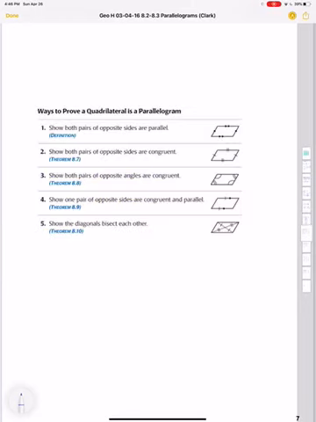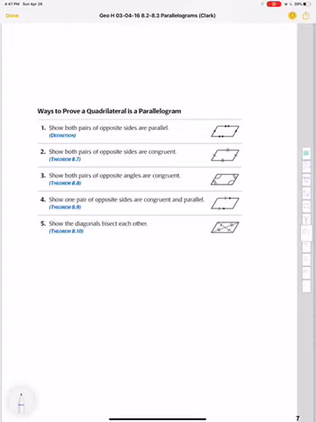Okay, so just like we talked about ways to prove that triangles are similar or that triangles are congruent, we also have ways to show that a four-sided figure is a parallelogram. So we have to use all of these things that we just said to our definitions of a parallelogram. If the opposite sides are parallel, then it's a parallelogram.